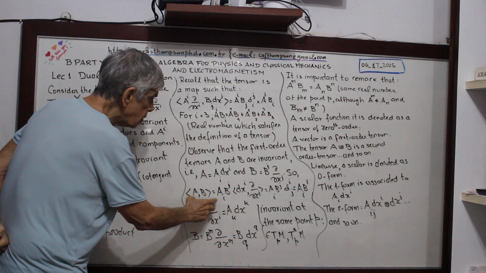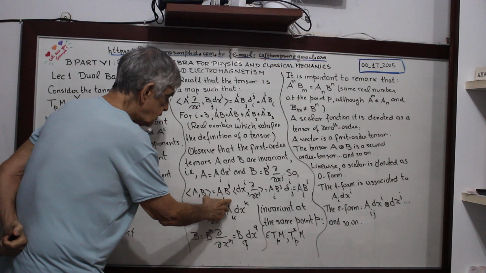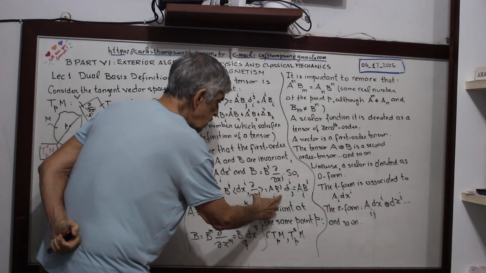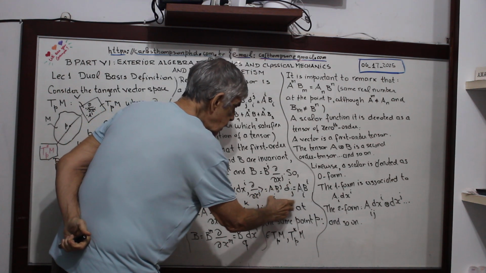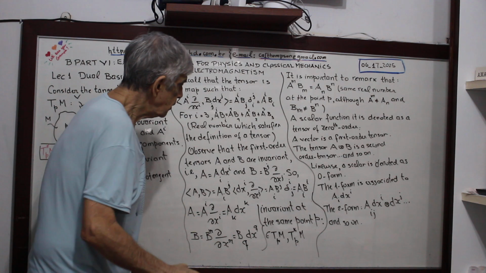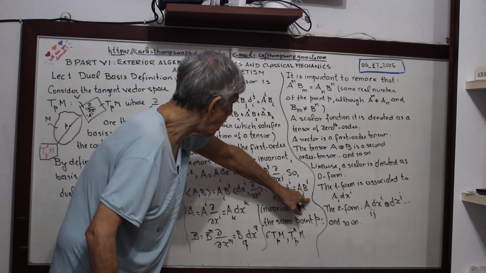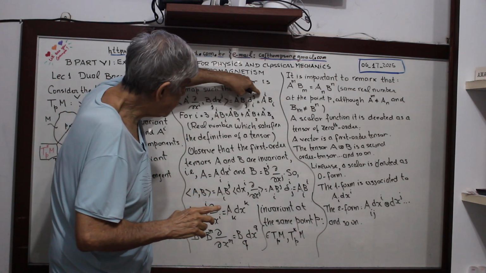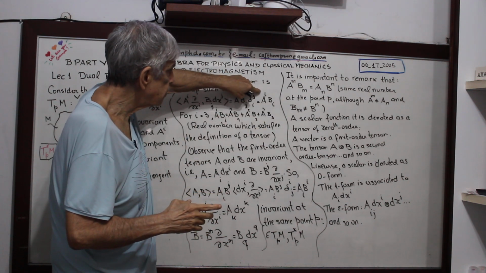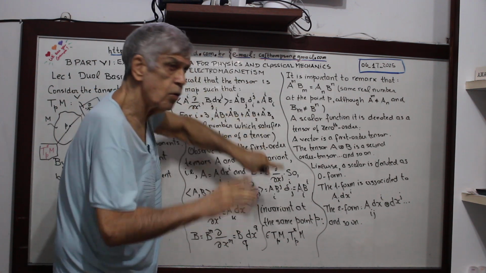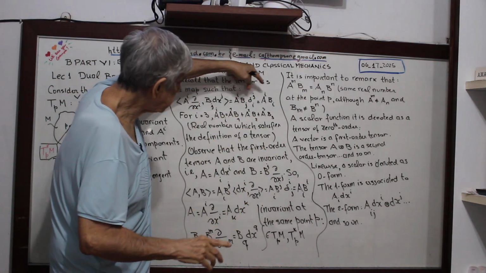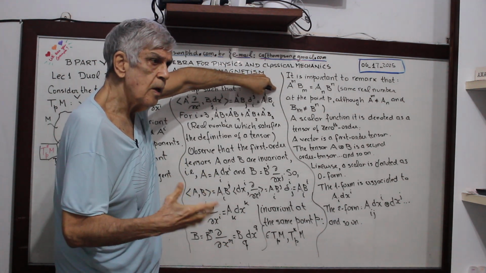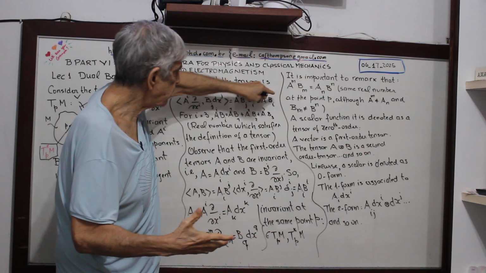So the inner product a^i b_j, with dx^i dxj, gives a^i b_j delta ij, which is a^i b_i. Now compare a^i b_i with a^i b_i over here. Each element of the components is completely different, but they represent the same real number, okay, as you see.